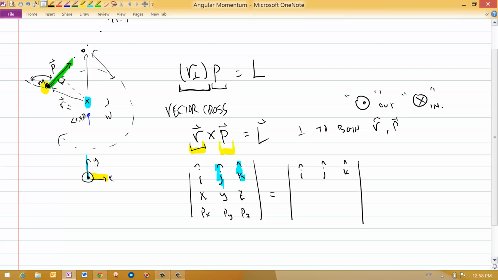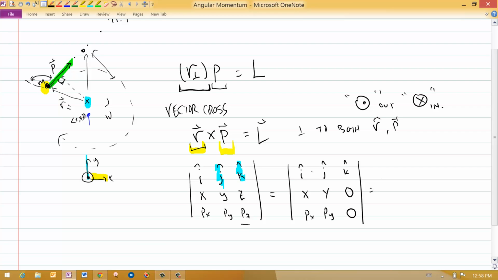I have x is non-zero, y is non-zero, but z is 0 because the object is in the xy plane. Likewise, the z component of the momentum is 0 because this object is moving around in the xy plane. So I'll put a px there and a py there.